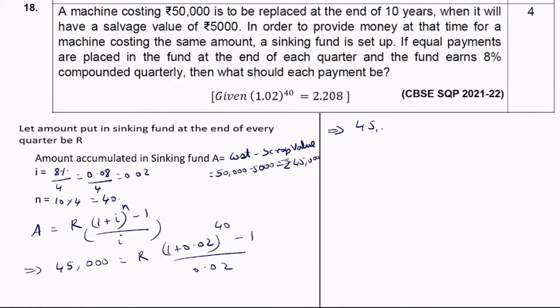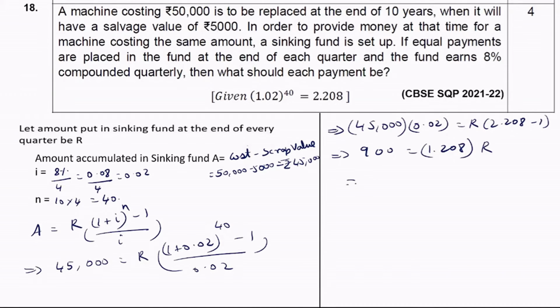Or we have 45,000 into 0.02 equal to R into 1.02 whole raised to 40, which is 2.208, minus 1. So 45,000 into 0.02, it is 900, equal to 1.208 into R.